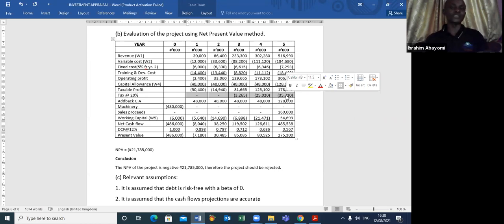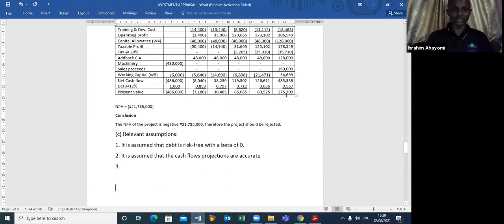Tax rate must have changed from year 1 to year 5. But here I'm saying that my assumption is that the tax rate of 20% we apply all through the 5 years. It is an assumption. So that's assumption number 3.